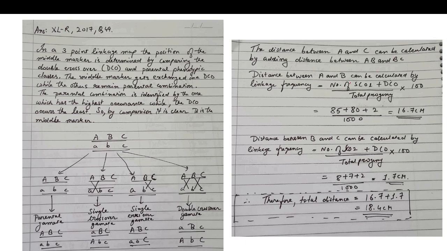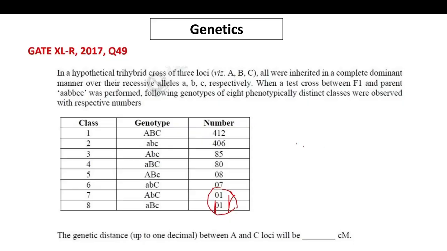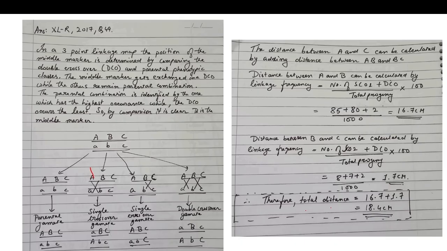The number of SCO1, the single crossover one, which is this one, you just need to get from the table, that is 85 and 80. So 85 plus 80, and also there are two double crossovers, 1 plus 1. That's why I have written 85 plus 80 plus 2. Here it is clear, right?